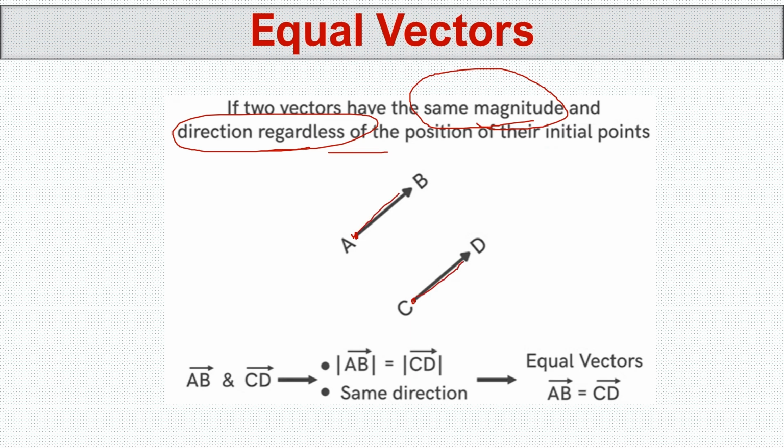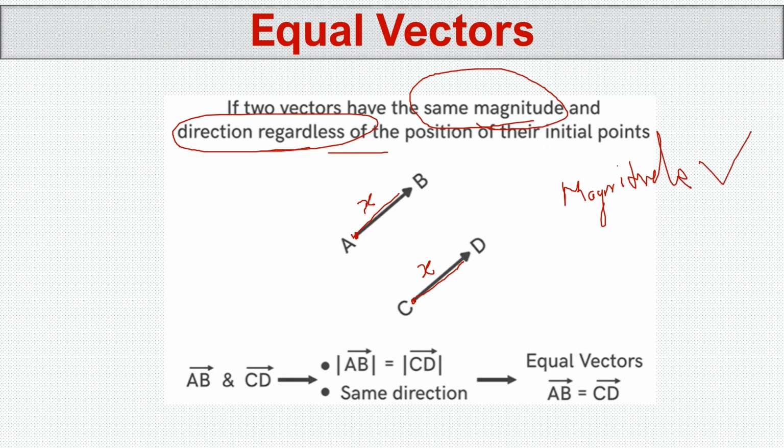A vector is represented by two quantities. One is the magnitude, and here the magnitude is the same. If we measure this length, this is x, and this is also x, so the magnitude is okay. Is the direction okay?